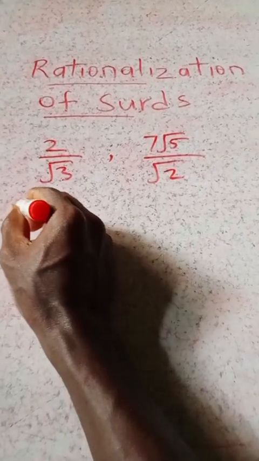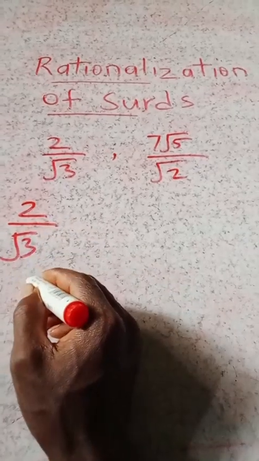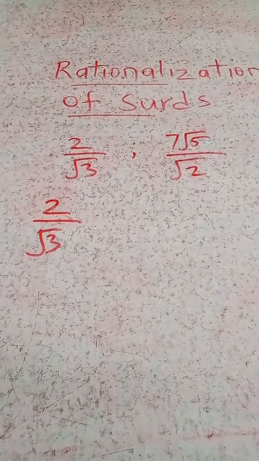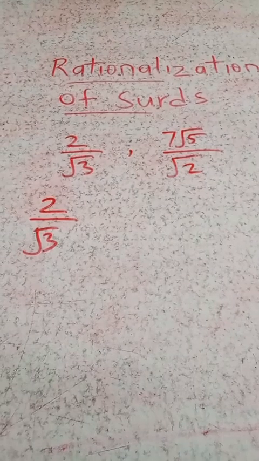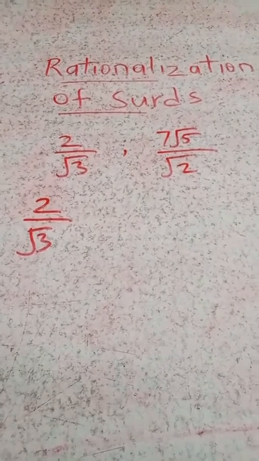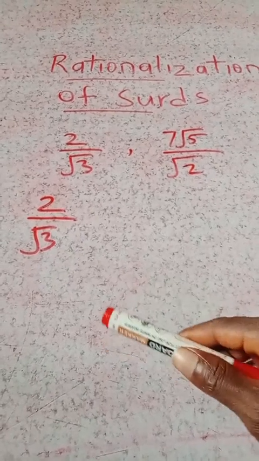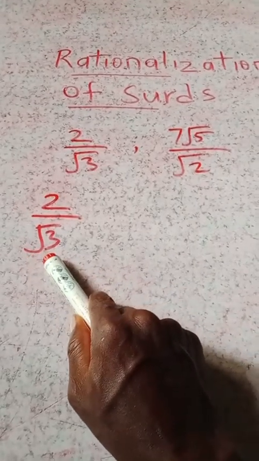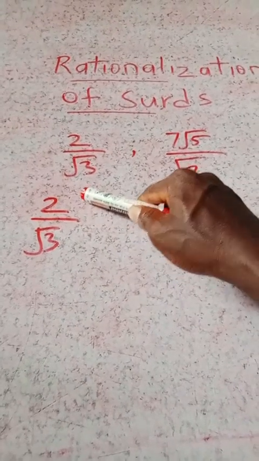For instance, I have 2 over root 3, and I want to rationalize. So what is rationalization? Rationalization is the process by which one uses the denominator with root to multiply the numerator and also the denominator.